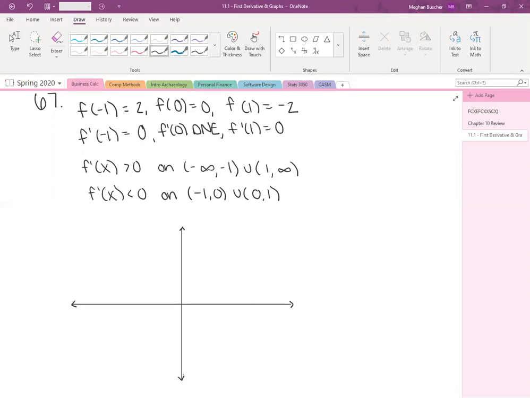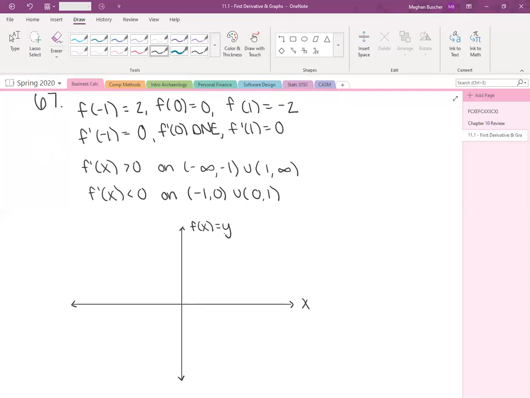Anyone remember? Okay, so horizontal is X, and typically we say vertical is Y, but in this class we're going to call it f of X, but it's the same idea. So we have our axes labeled.